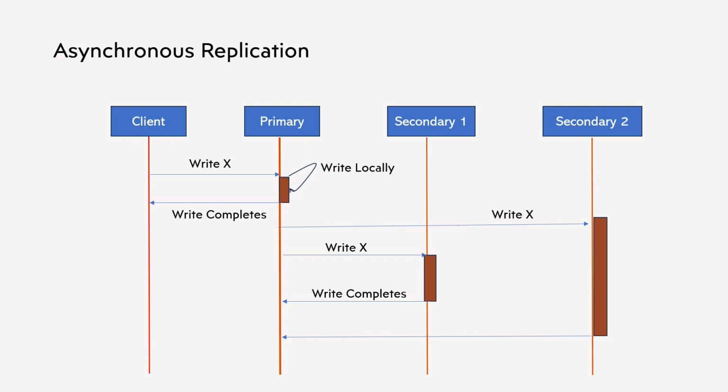So in asynchronous replication, the advantage is that it is fast, because the primary node is not waiting to update all the other nodes and sends the response right away, but data read from another node by the client might be stale or old. This is one challenge with asynchronous replication.